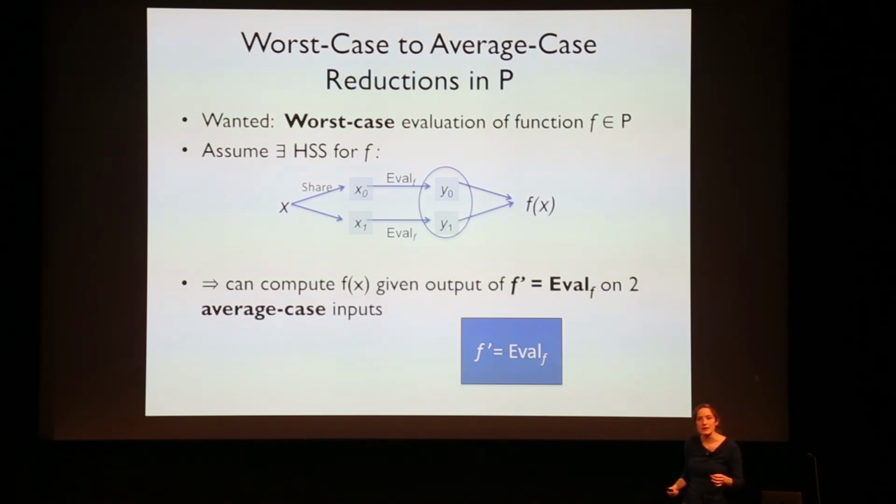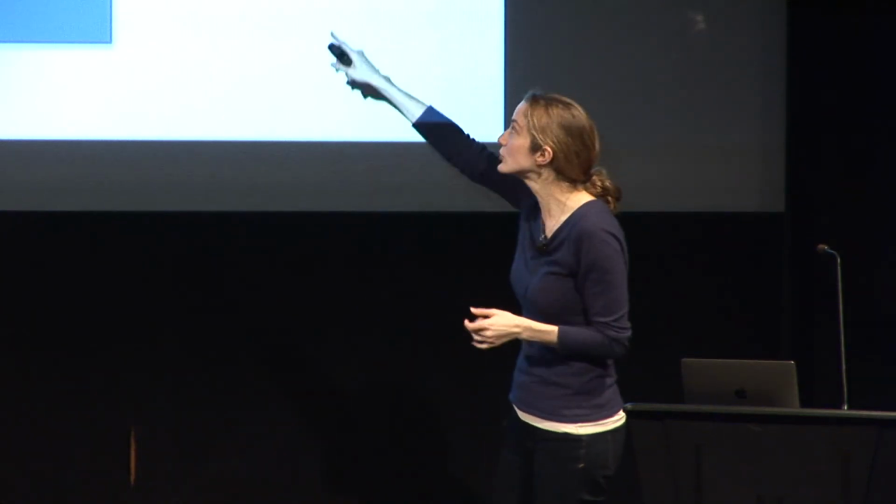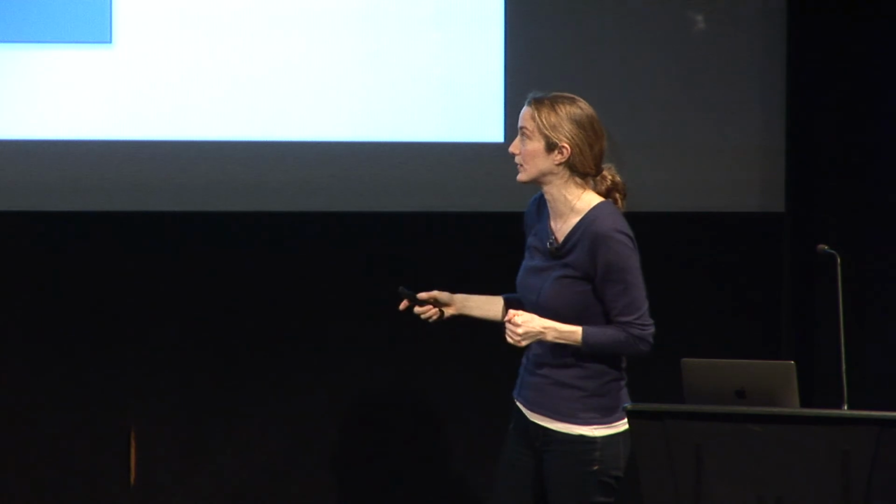What's interesting is that this gives me a way of transforming my x into two new values, x0 and x1, that by the secrecy property of the HSS are independent, or maybe computationally independent, from x itself. Essentially these look like random values.